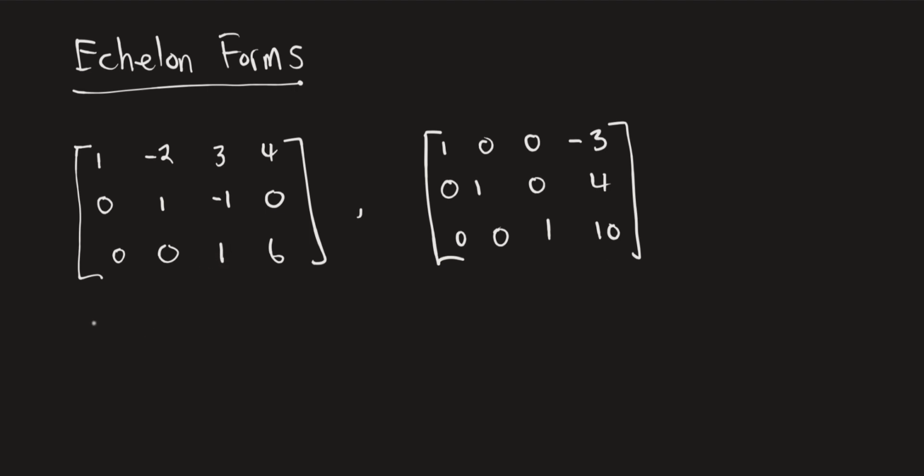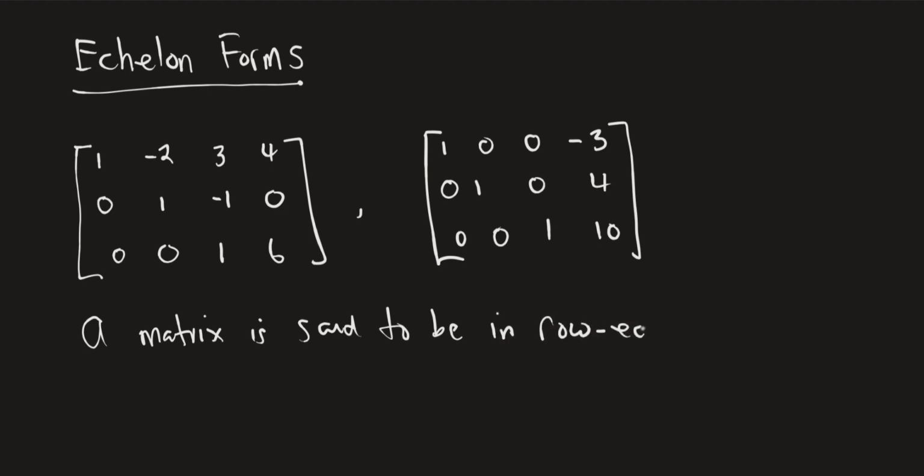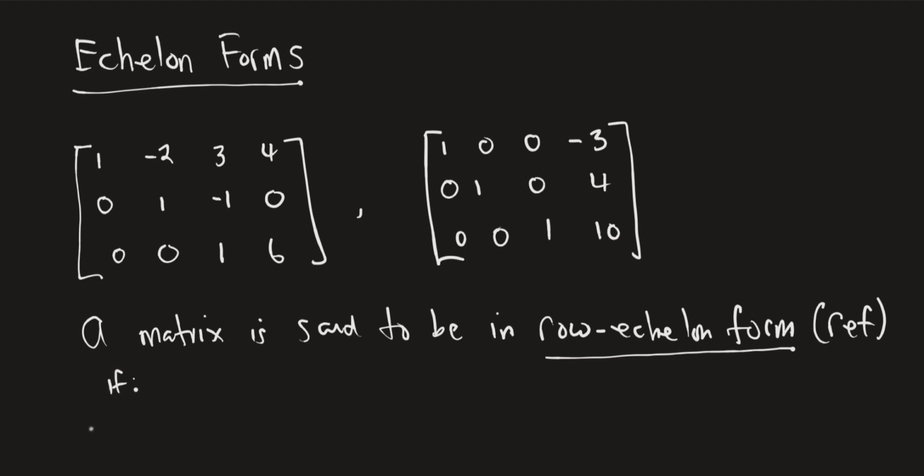So a matrix, an augmented matrix, I'll just say matrix, is said to be in row echelon form, which is often abbreviated REF. A matrix is said to be in row echelon form if these things are true.